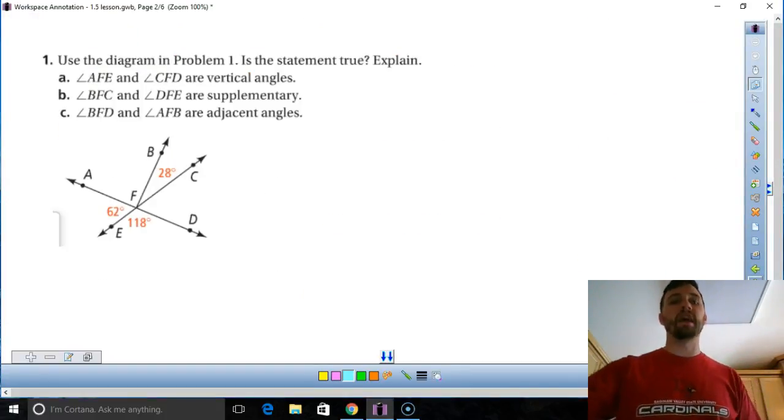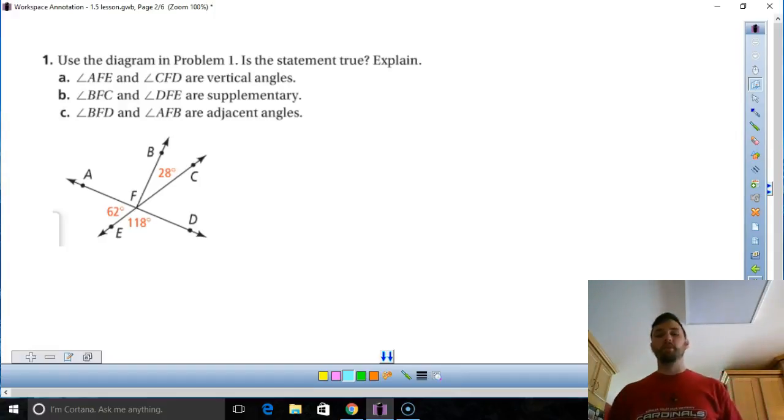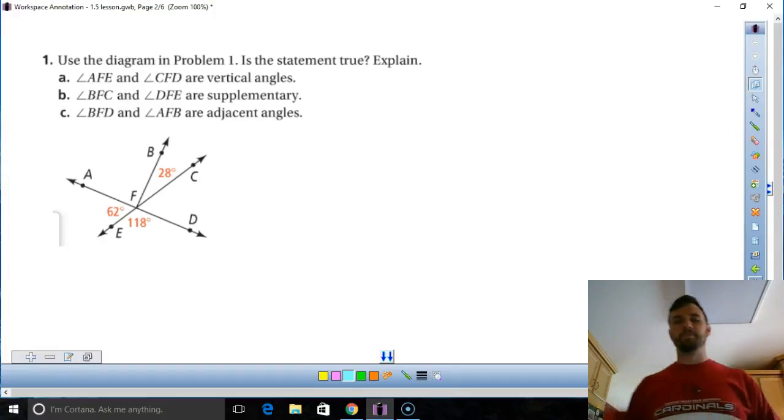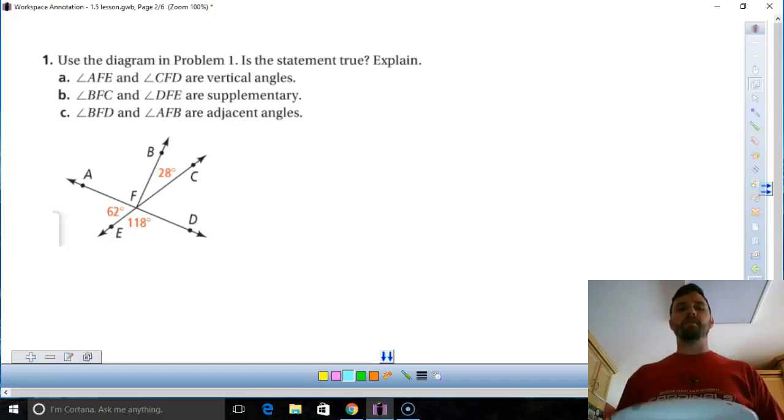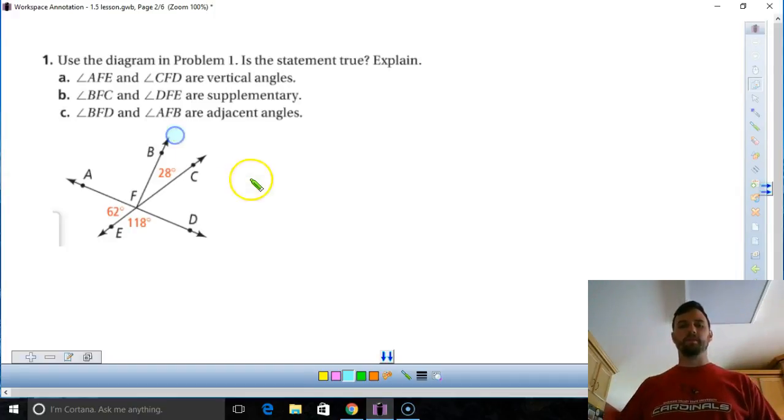All right, we're going to use this diagram and tell whether or not each statement is true. First one, AFE and CFD are vertical angles. So again, if you ever want to use colored pencils on your homework, go for it. I have to mark up stuff. So I'm looking at AFE, right? Just don't write in your book.